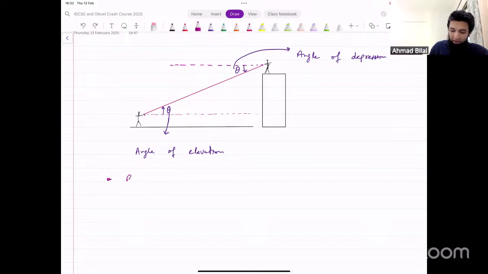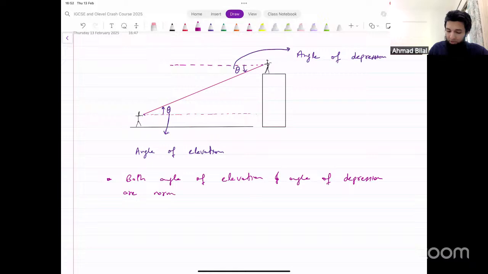Both angle of elevation and angle of depression are normally measured from a horizontal line.